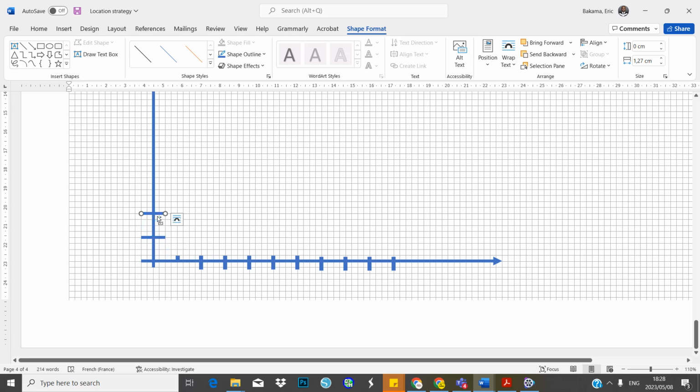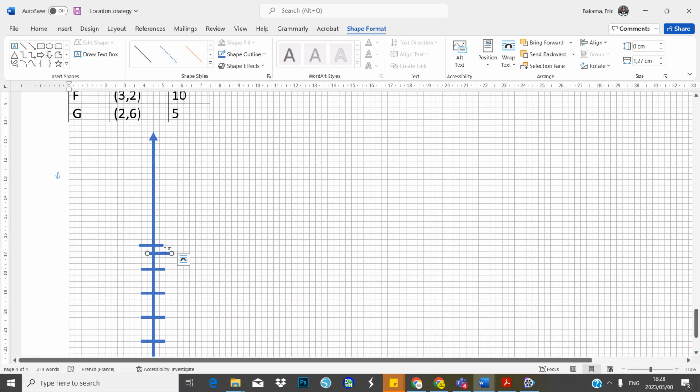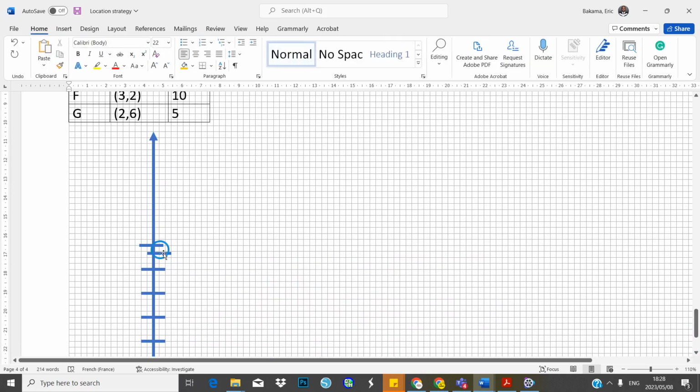Okay, I'll put it like this as well. 1, 2, 4. Then we do the same thing here until we reach 10. This is 3, then we have 4. 2, 3, then I have 4.